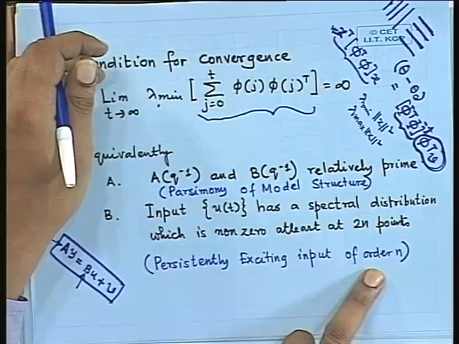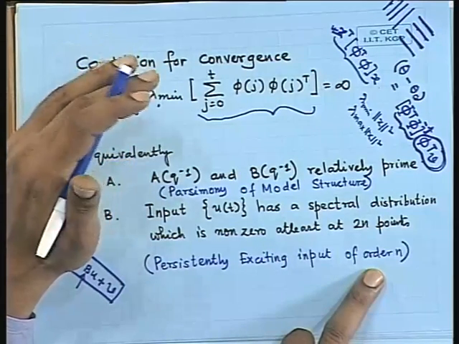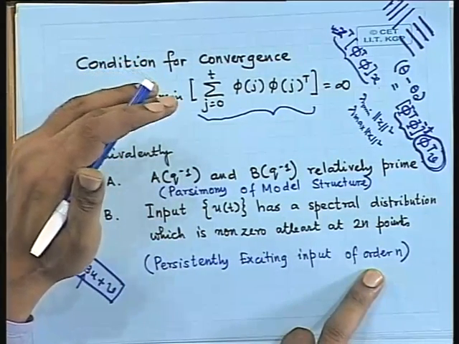Right. See, the idea is that if you are trying to know a system, you have to excite it. If you do not excite all its modes properly, then you cannot identify it. So all the modes should be there in your input output data.